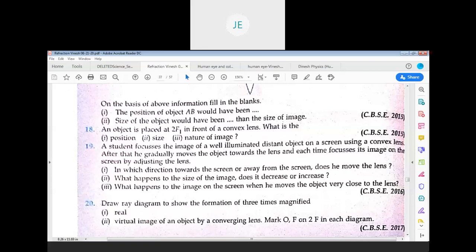See, when you are adjusting the lens towards the screen, object distance is increasing, so image size should decrease. But sir, I think here he has kept the lens at one place only. He is adjusting the lens directionally.